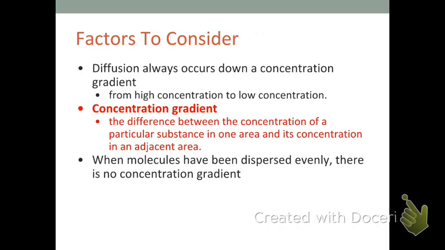But once everything is even, there's no concentration gradient anymore, diffusion stops. Equilibrium is reached. So if you have no high and low, there's no movement. It's like a ball won't naturally just roll across a flat table because there's no difference in elevation. Okay, so if there's no concentration gradient, there's no more diffusion taking place.